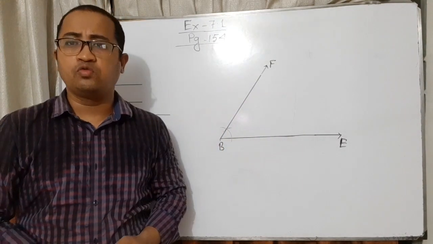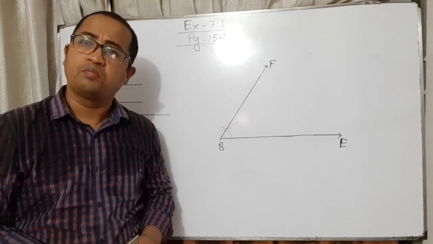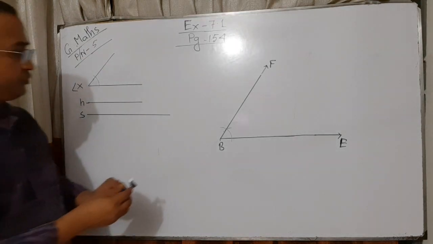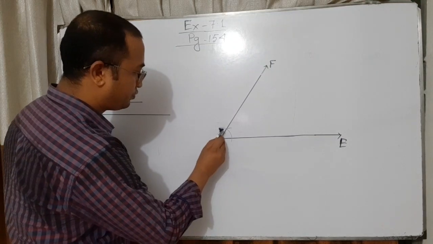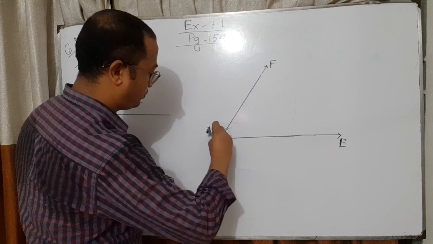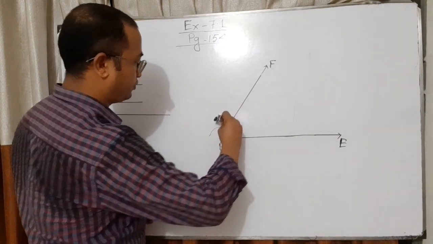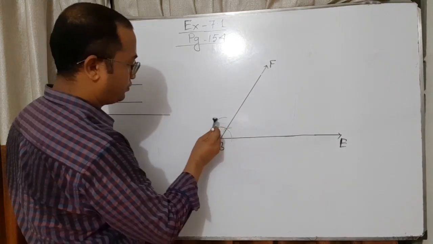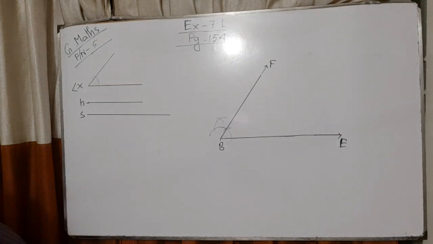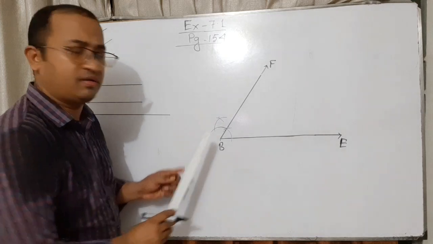Now at the point B, we will draw a perpendicular. We will draw a perpendicular at the point B. Now join these two points, you will get the perpendicular.